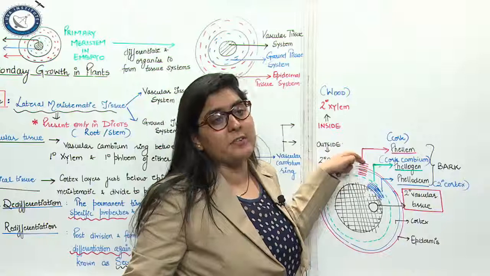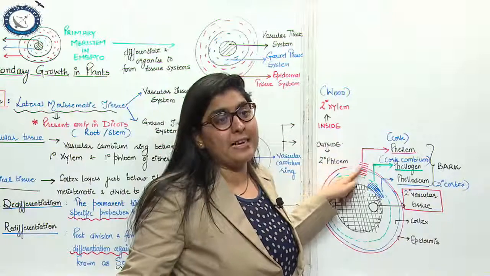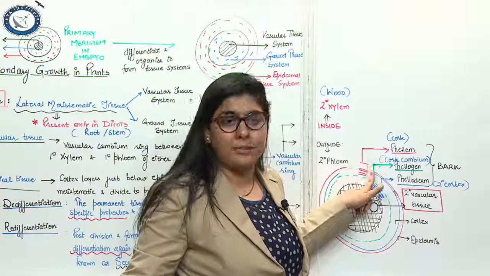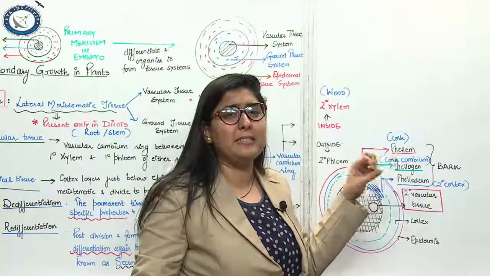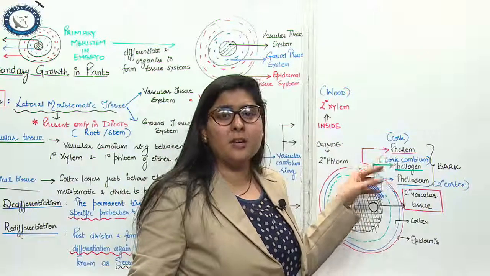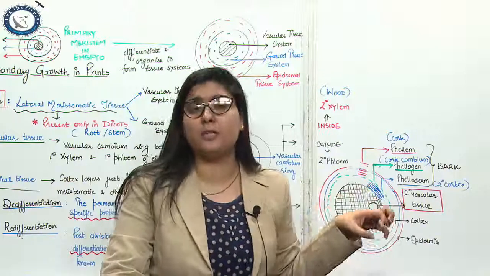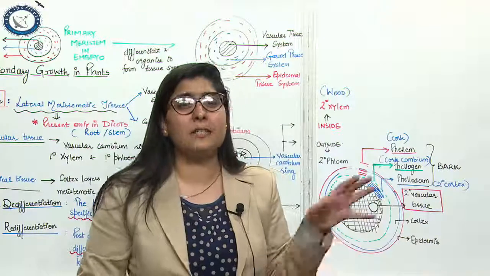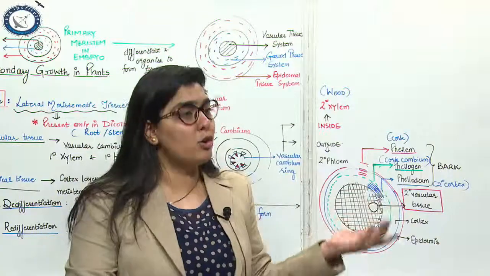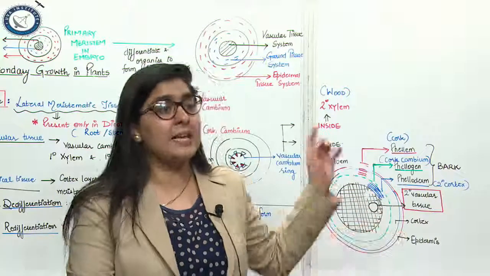It also divides on the outside. When it divides on the outside, as you can see, it breaks the epidermis and it produces discontinuities in the epidermis. And those discontinuities appear as pores called lenticels, which are responsible for exchange of gases on the surface of stems or roots for that matter, right?